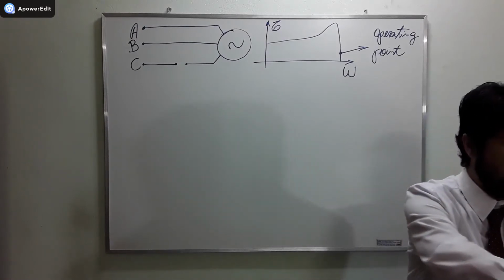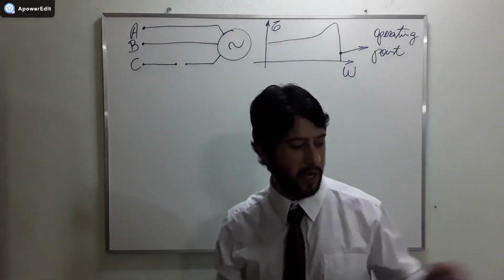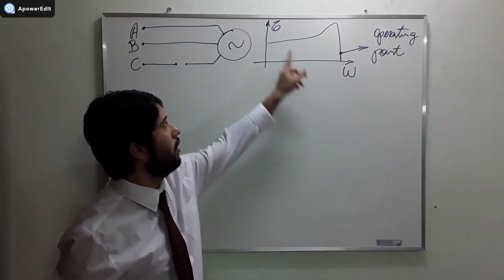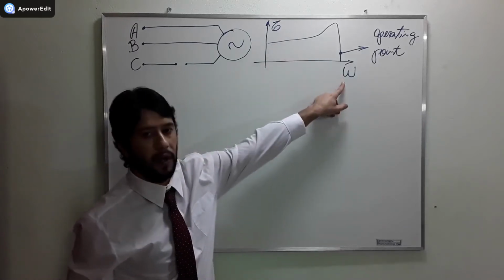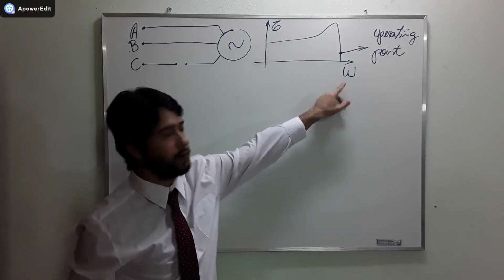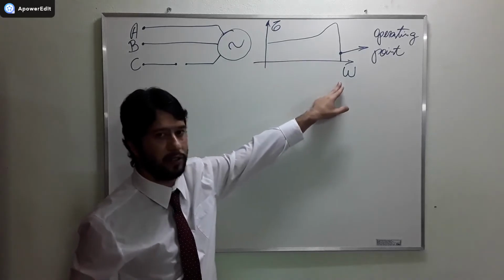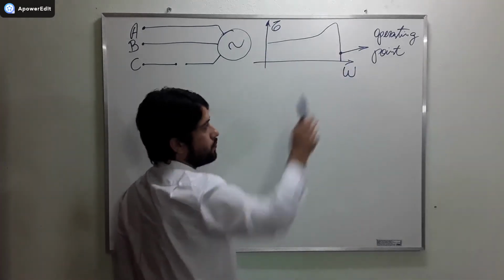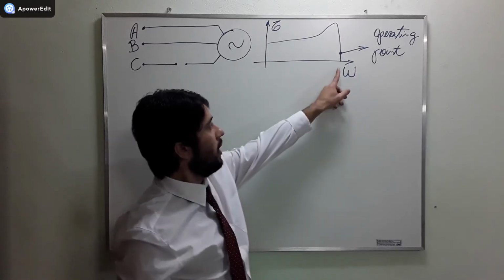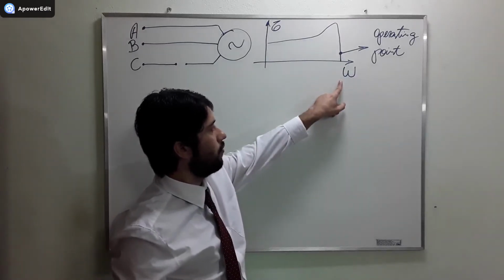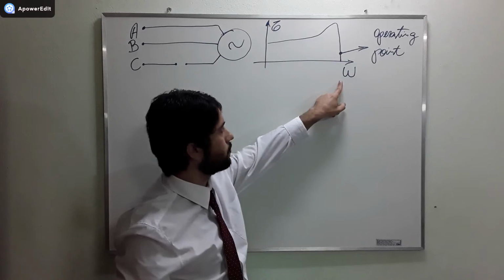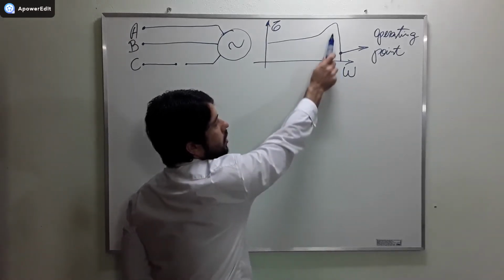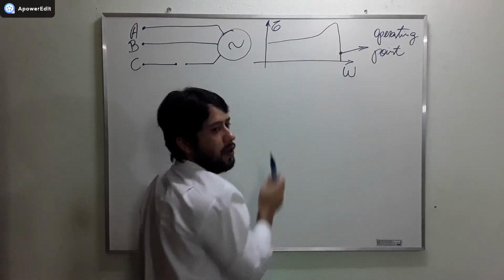Okay, first of all, to begin solving this exercise, we need to understand the torque angular velocity curve. This is the torque angular velocity curve. Okay, the motor behaves like this. If the velocity decreases, then you can see that the torque increases.